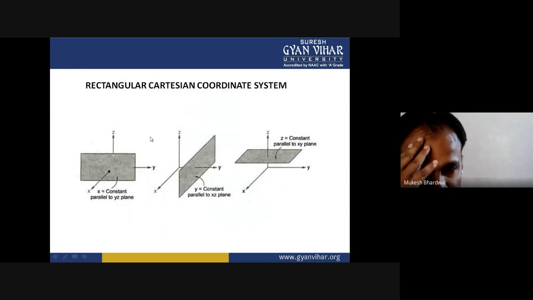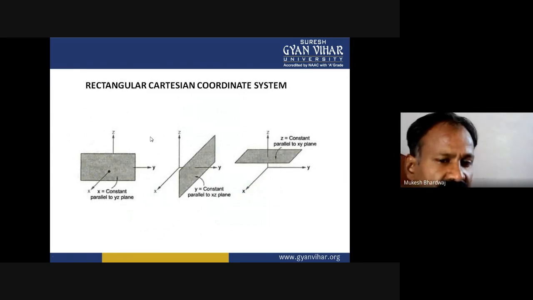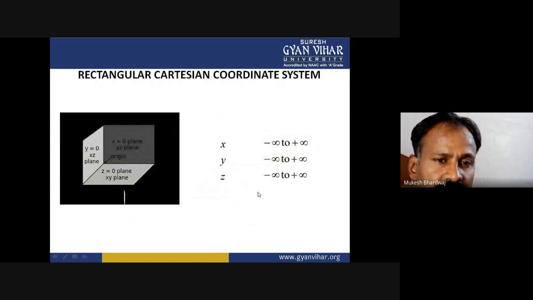In the rectangular Cartesian coordinate system, x equals constant is parallel to the yz plane, y equals constant is parallel to the xz plane, z equals constant is parallel to the xy plane. So the value lies from minus infinity to plus infinity for all the x, y, z values.